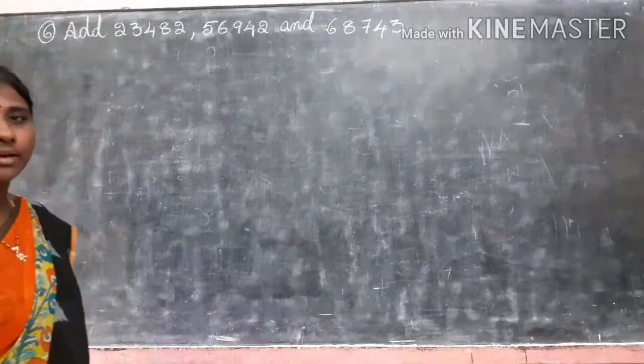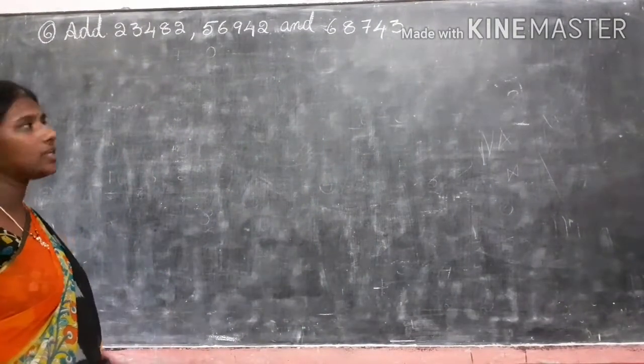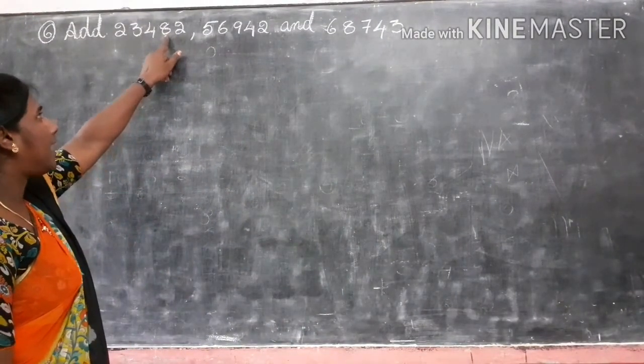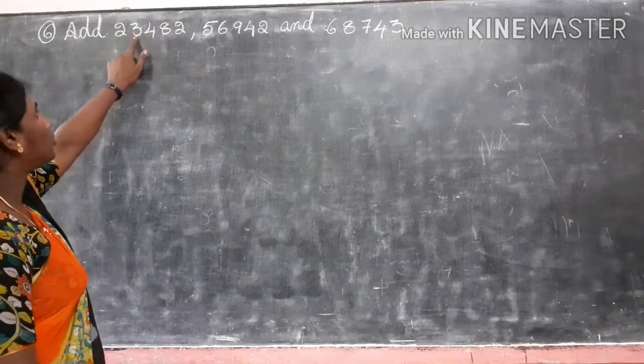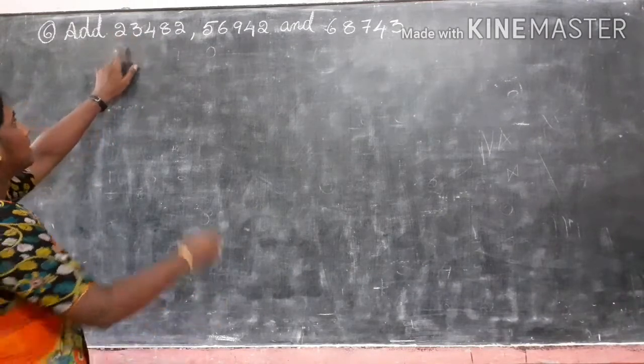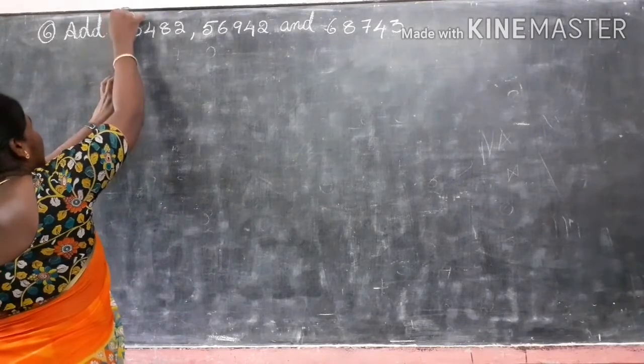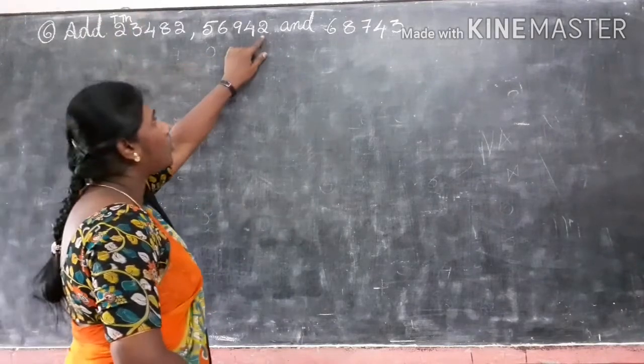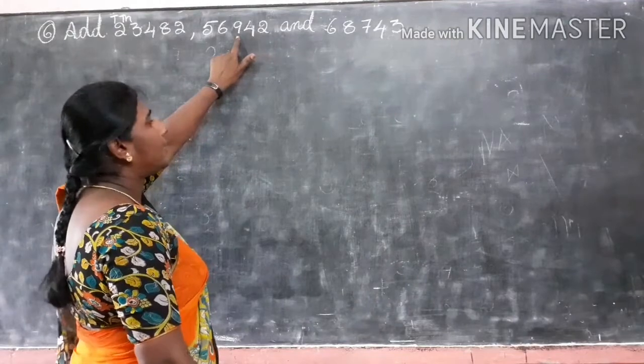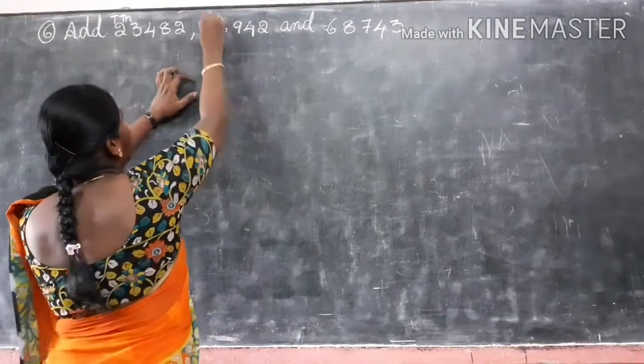Okay, next this number. First we have to check the place values. Ones, tens, hundreds, thousands, 10,000s. The first number's place value is 10,000. Here also ones, tens, hundreds, thousands, 10,000.